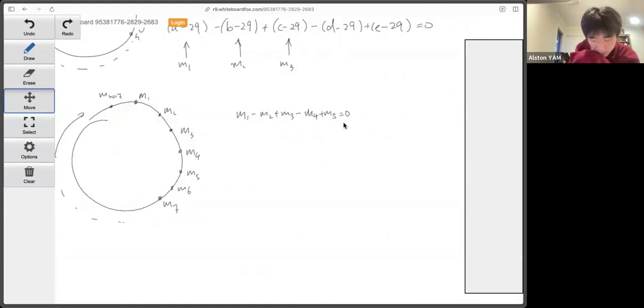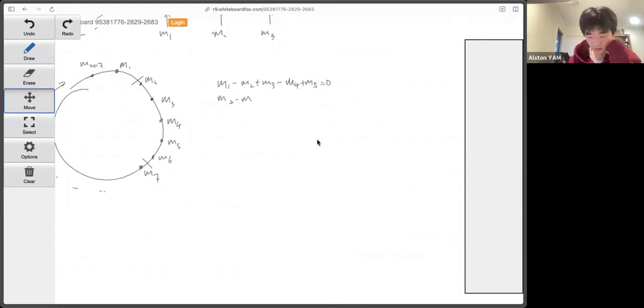What we can do now is go one spot more. Instead of taking this section, we can take this section, M2 to M6, right? So we have M2 minus M3 plus M4 minus M5 plus M6 is equal to 0.